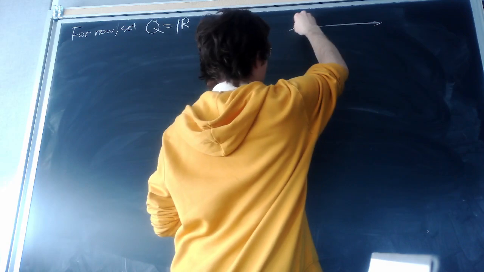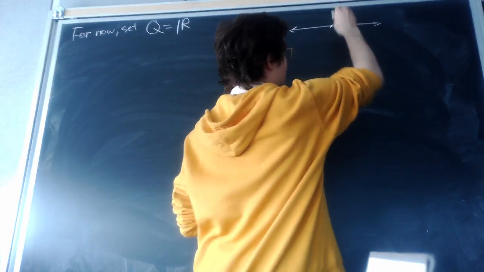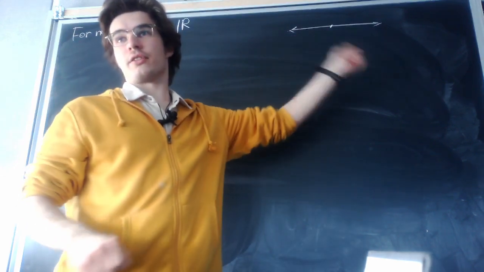So essentially, for now, let's set our configuration space to just be equal to R, right? So the picture is that I have some real line, and I have some particle on it, and I can tell you where this particle is on the real line, okay?